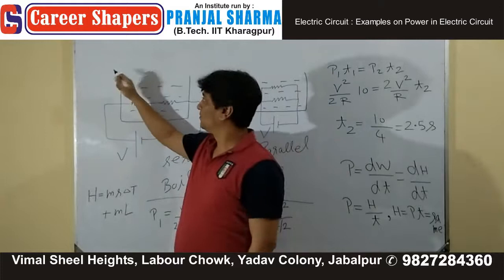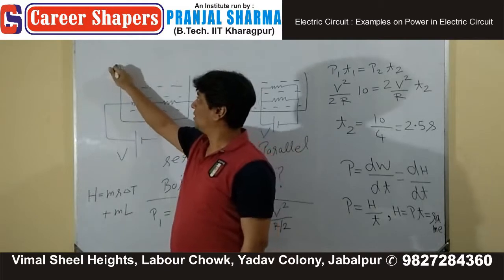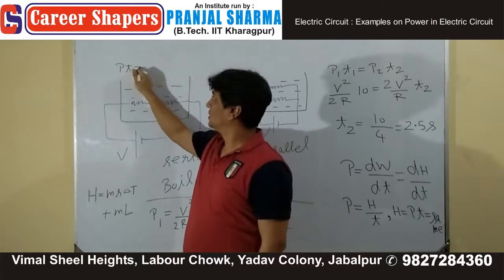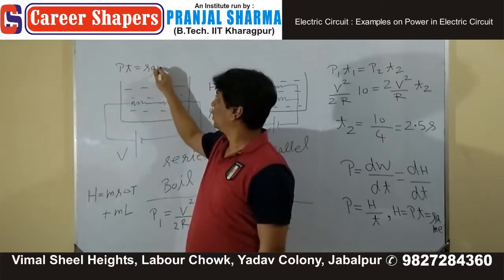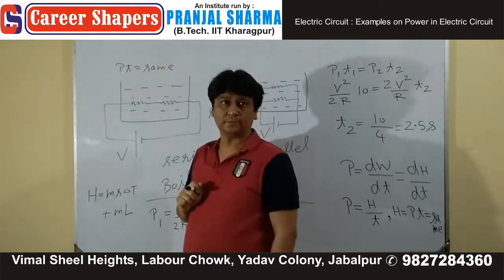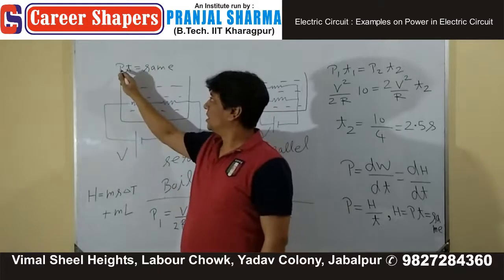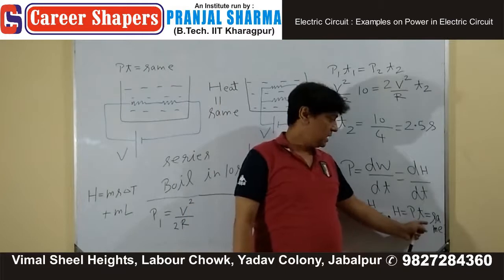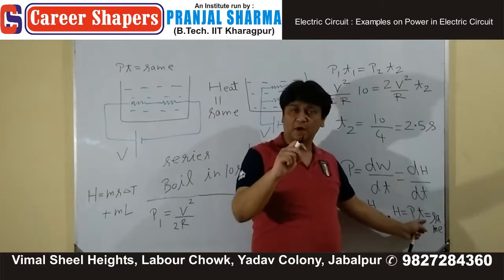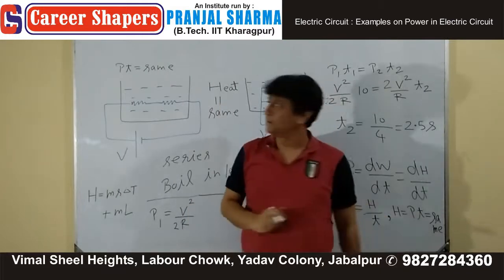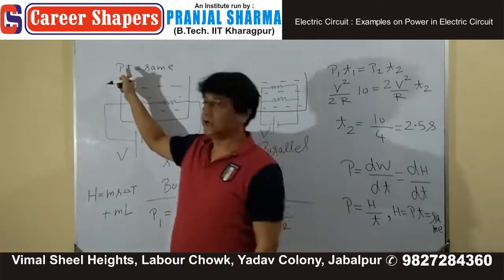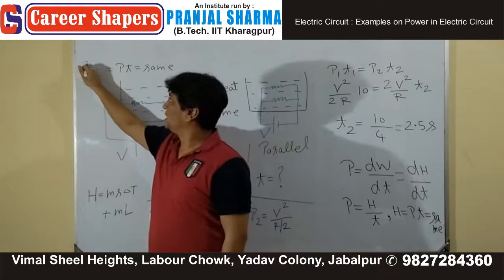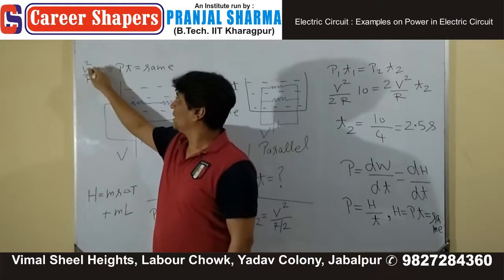Look at the approach. What I told you is that power and T, this product remains what? Same. Power and time, this part is always what? Same. The moment you say PT is same, what is P?